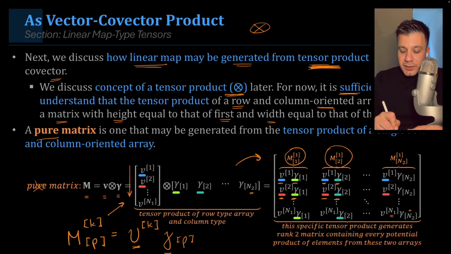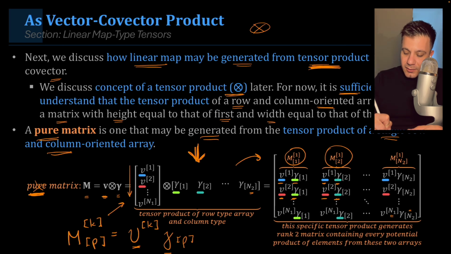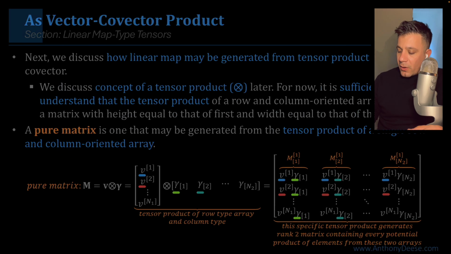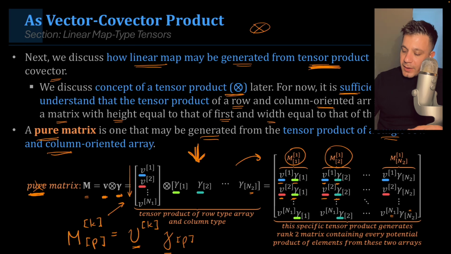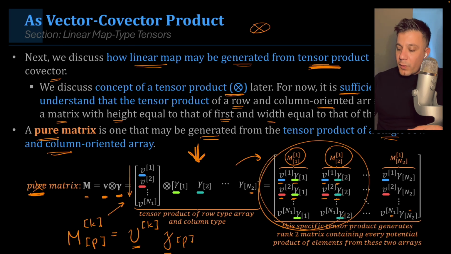Now, a pure matrix is one that may be generated from the tensor product of a single row and column-oriented array, as shown down here. So this is a pure matrix, the tensor product of a single column-oriented and single row-oriented array. And we've already talked about how the various products are performed.